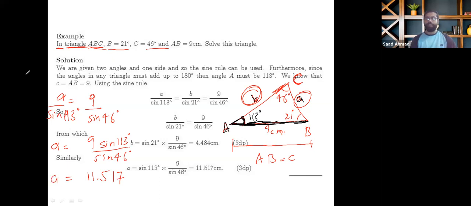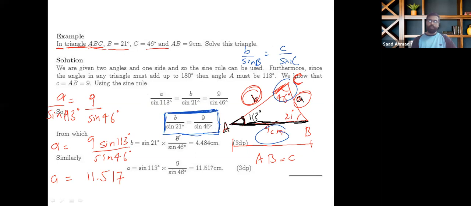Now we have to find B. So for B, we have B over sine 21 equals 9 over sine 46, because B over sine B equals what we know, C over sine C, since we know the side and the angle.